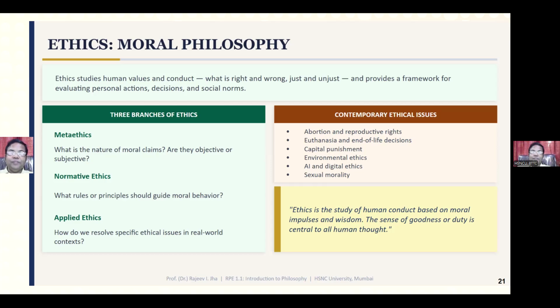So, ethics without philosophy becomes mere rule following. With philosophy, it becomes genuine moral reasoning, capable of responding to novel situations that no rule anticipated. Time to think and reflect.